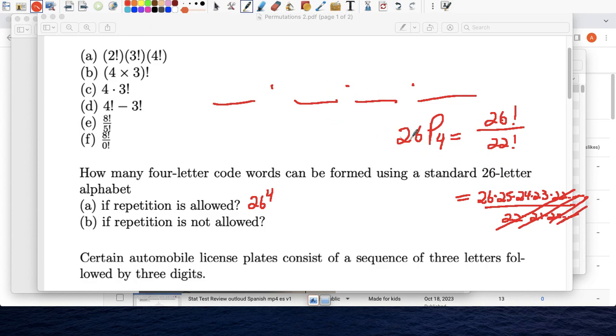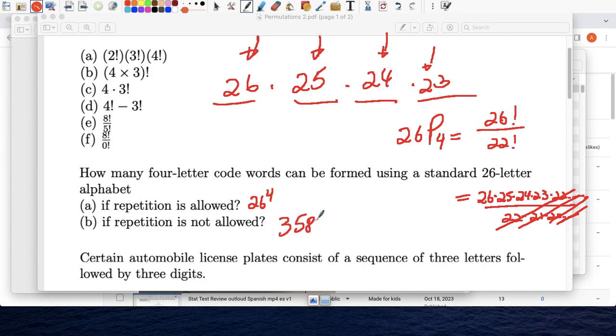So we're actually left with 26 times 25 times 24 times 23, and here's a shortcut: 26 choices, 1 is already there, so the second time around you only have 25 students, then 24, 23. So if repetition is not allowed, 26 times 25 times 24 times 23, we get 358,800.